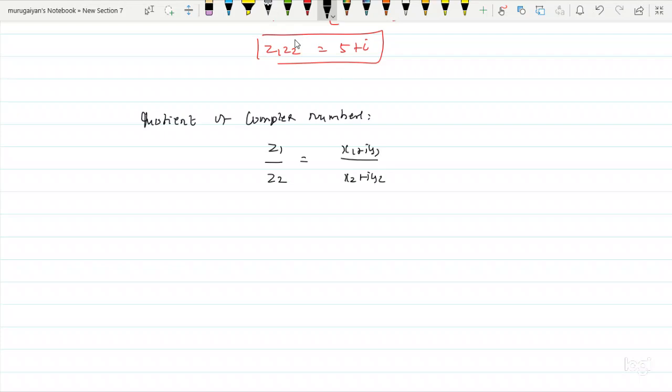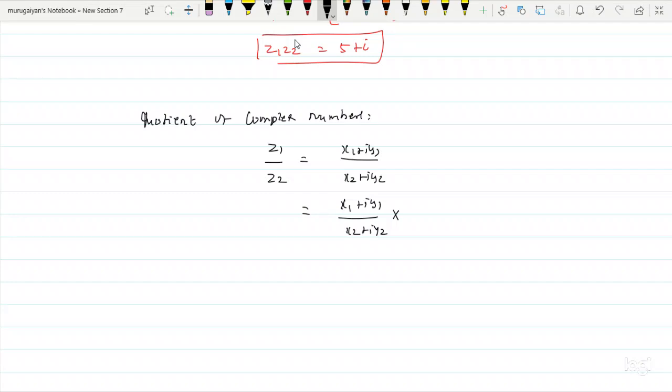In order to write Z1 by Z2, x1 plus iy1 by x2 plus iy2, in its standard form, we multiply and divide by the conjugate of the denominator. In the conjugate, there won't be any change in the real part. The imaginary part's number will not change, only the sign will change. Its graphical interpretation will be discussed in the coming class.